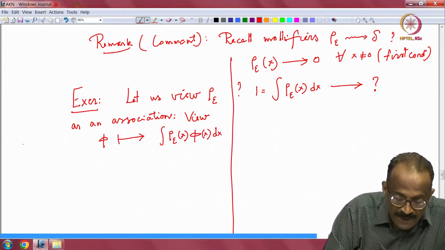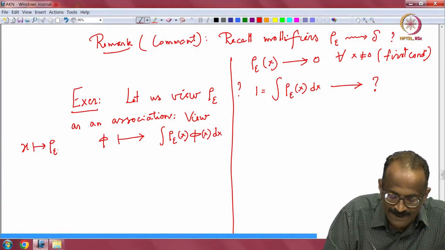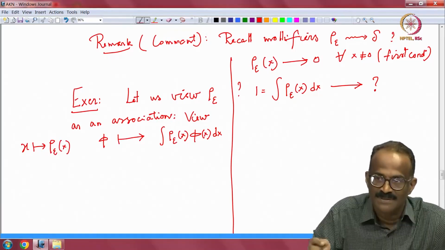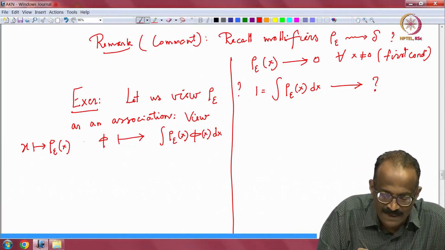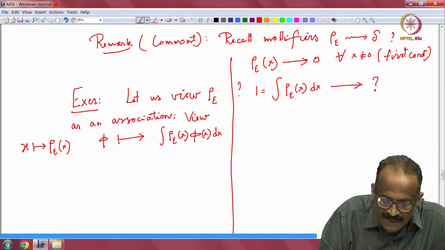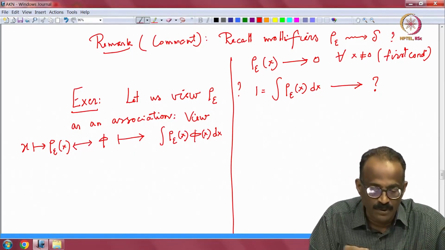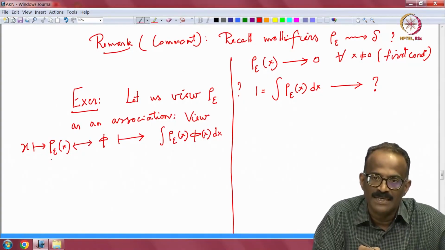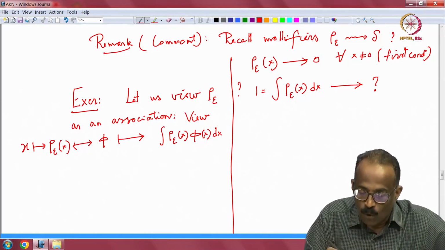So here is an association x going to rho epsilon of x, and you have seen that if everything is smooth, this is the same. This is what we did in the previous class. This is somewhat equivalent, that is what we are trying to say. You can view a function in terms of that, but we are not able to pass to the limit here. You get a pointwise limit on the left side, but you do not get any integral limit on this one.